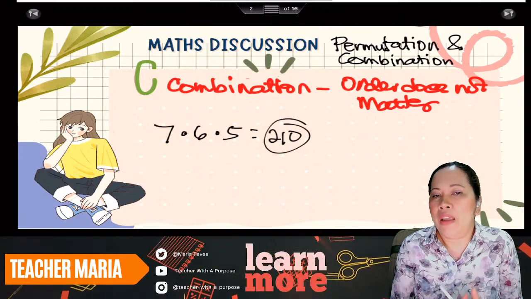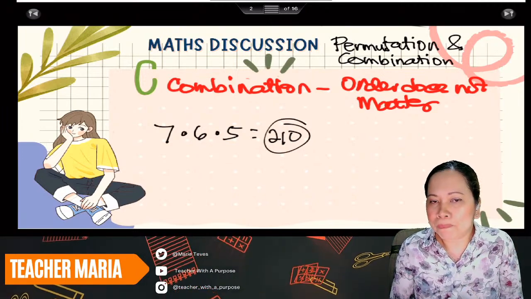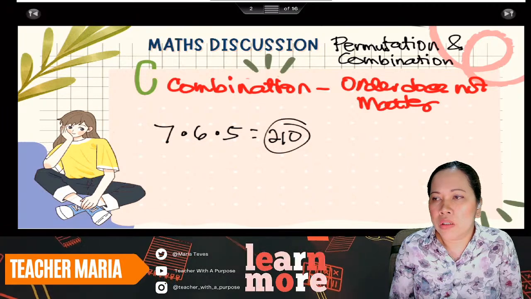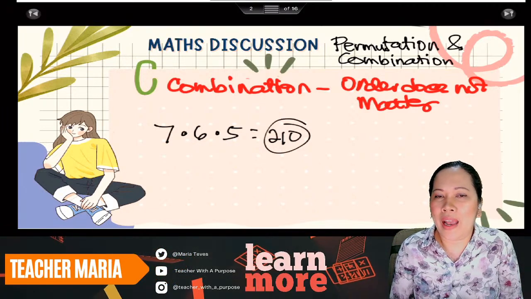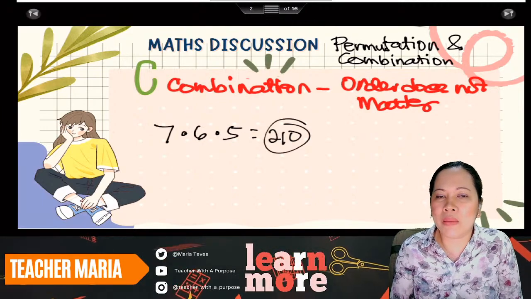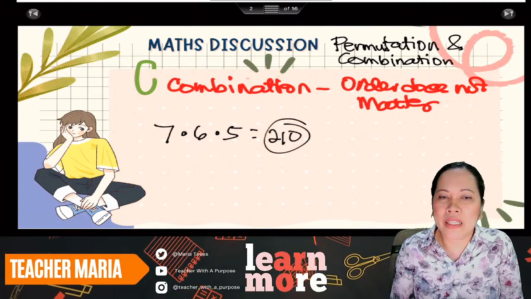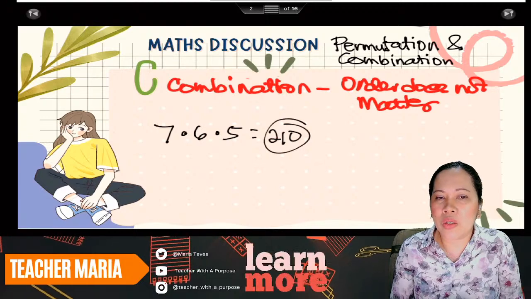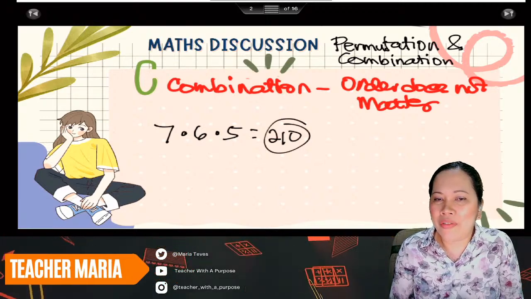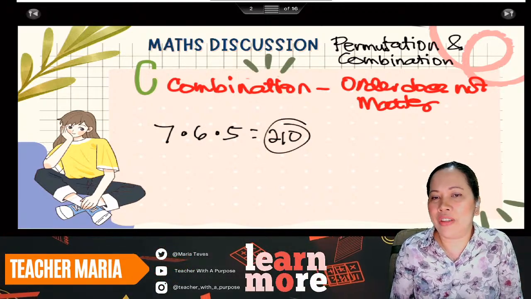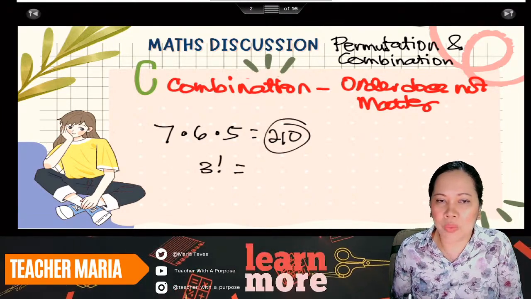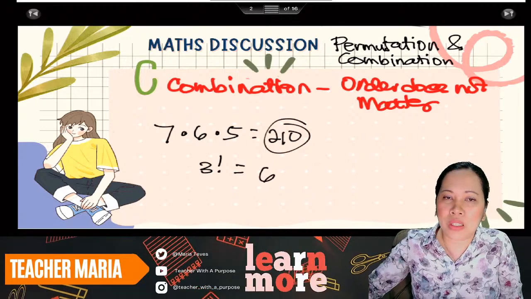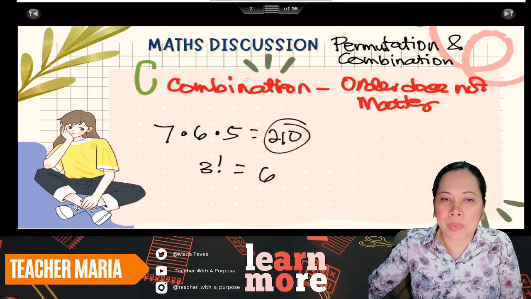But let's say in 7, it's by 3, right? So you can have ABC, ACB, BCA, BAC, CAB, CBA. So you will have 6 different sets of professors. So that will be actually a 3 factorial, which is 6 possible arrangements of 3 people.